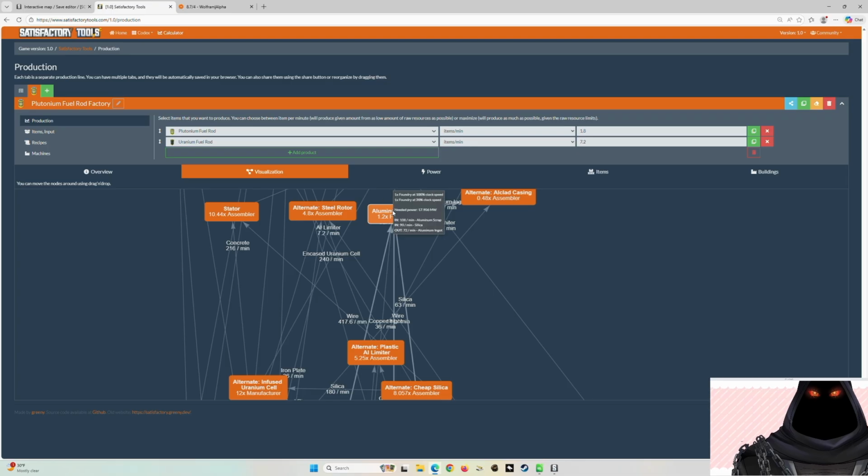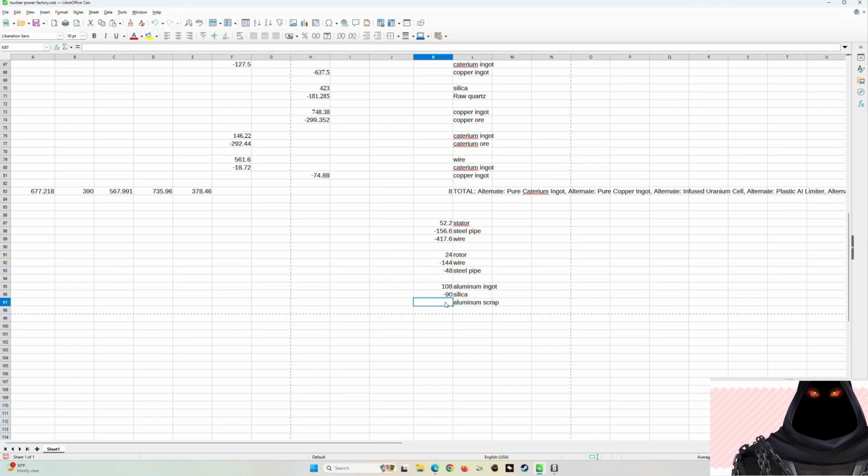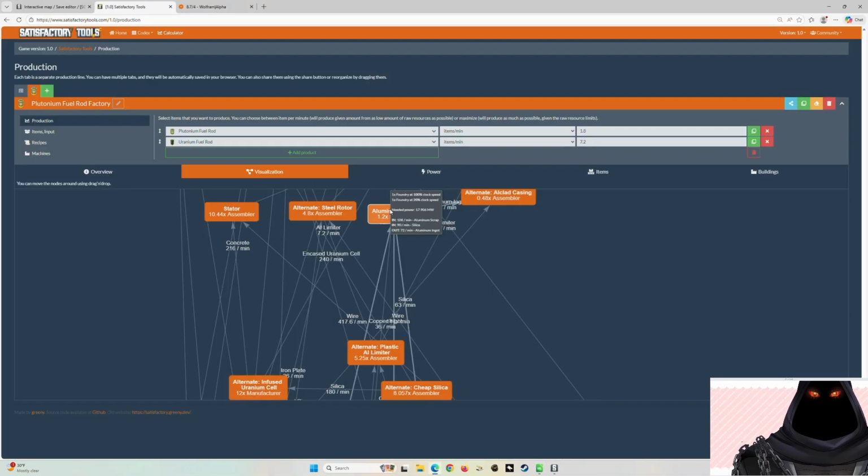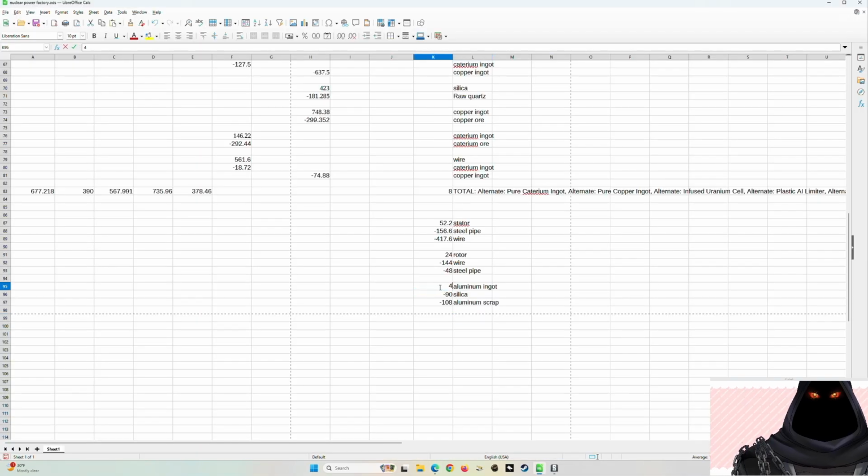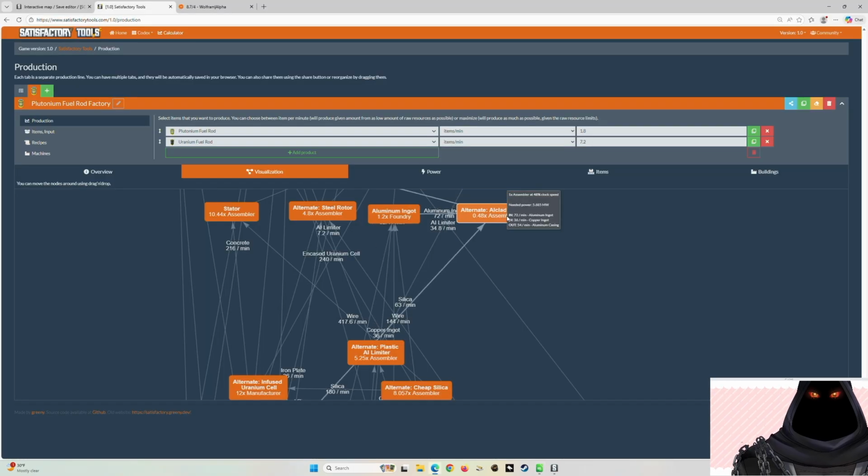It consumes minus 108 scrap. It produces 72 aluminum ingots. Okay, and then we have alclad casing.